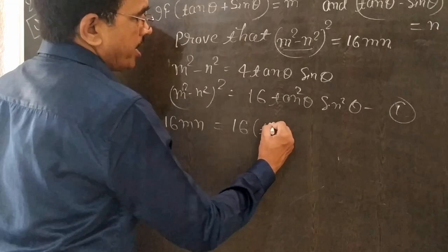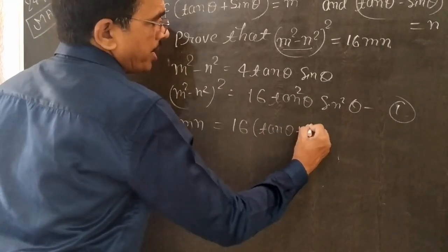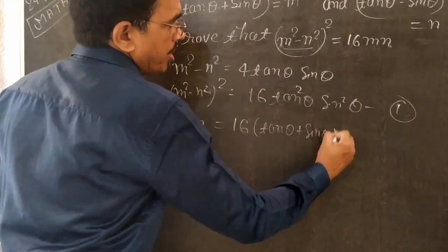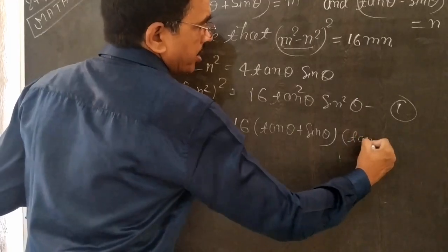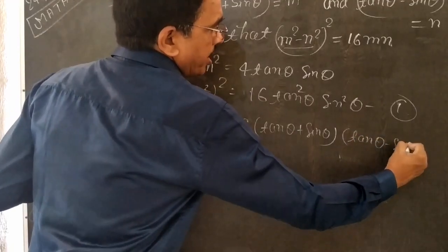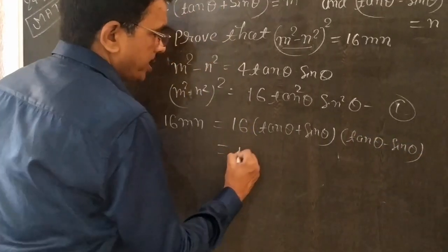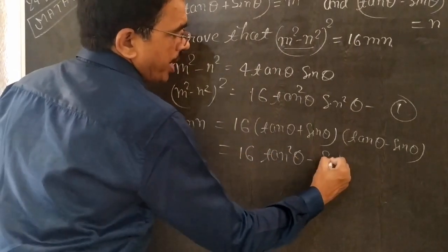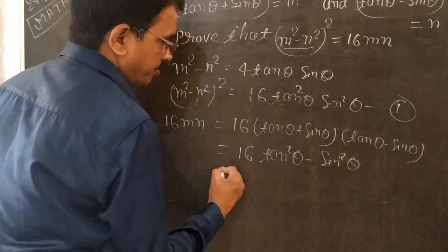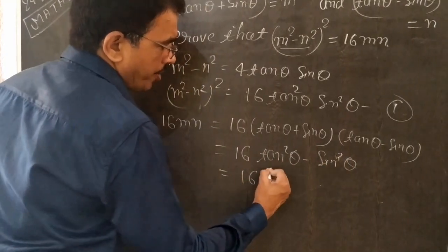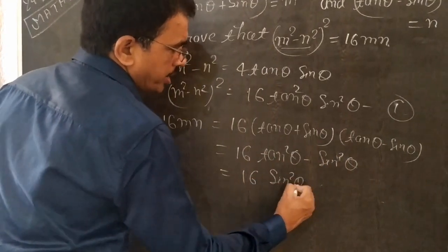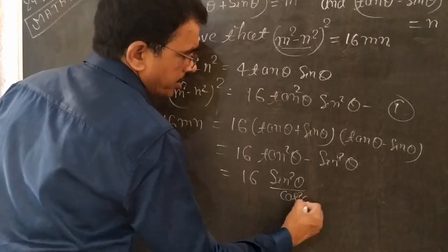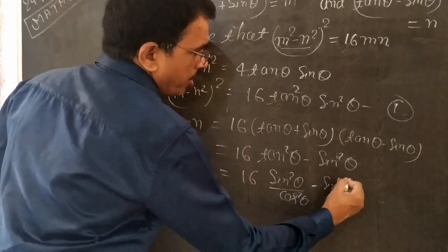m is tan theta plus sin theta, and n is tan theta minus sin theta. Then it is equal to 16 (tan square theta minus sin square theta). This tan square you can write as sin square theta by cos square theta, minus sin square theta.